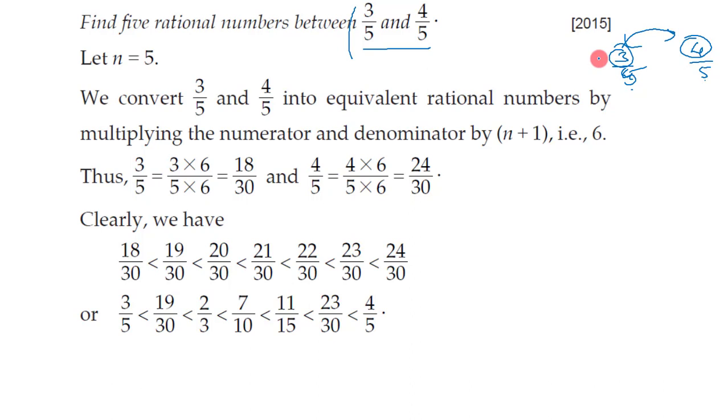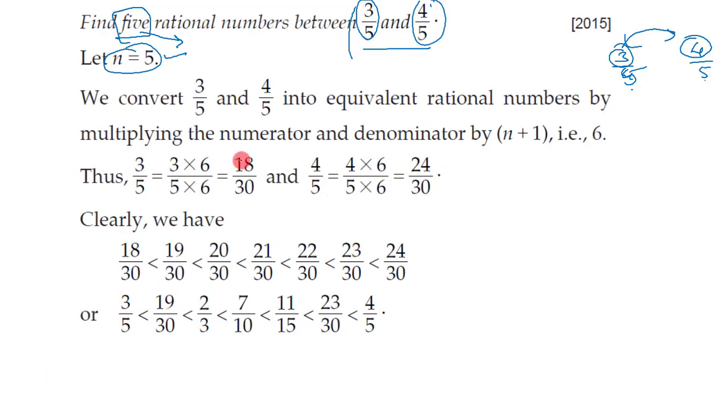In that case, we need to observe the question. We need to insert 5 rational numbers, so we suppose n is equal to 5. If you want to insert 5 rational numbers, then each rational number should be multiplied by 5 plus 1, that means 6 by 6.